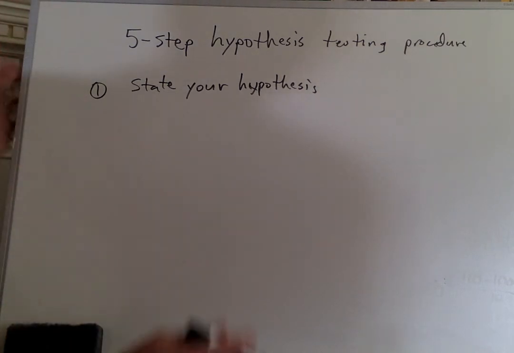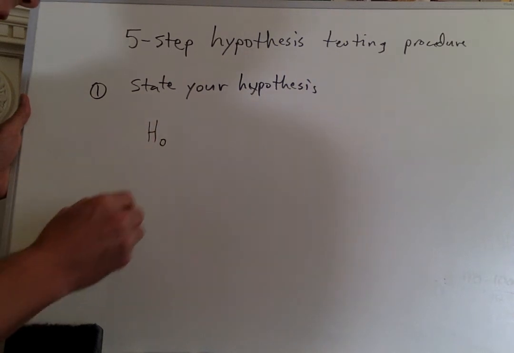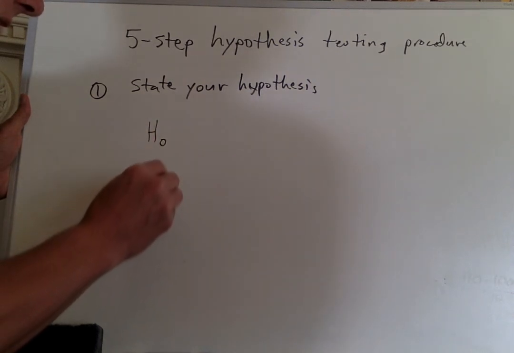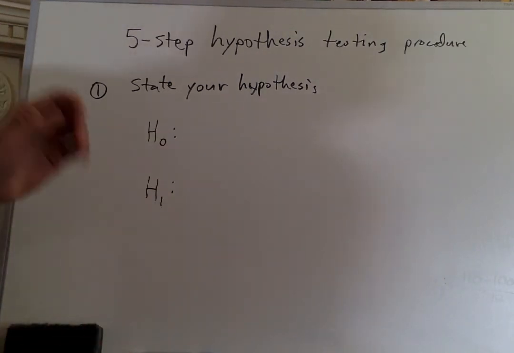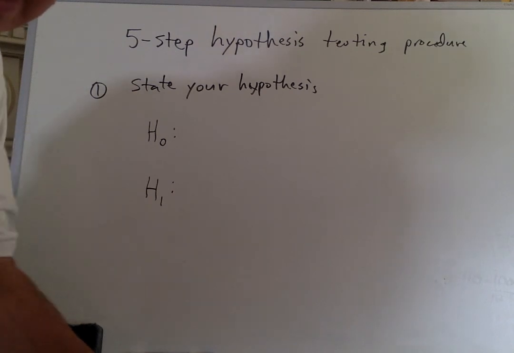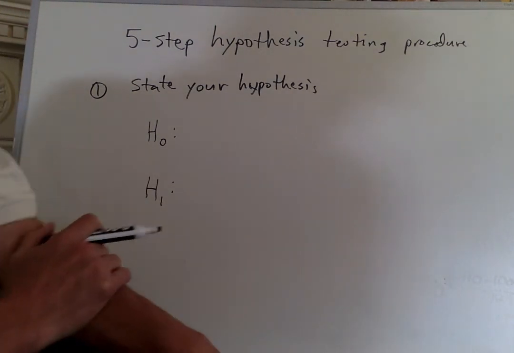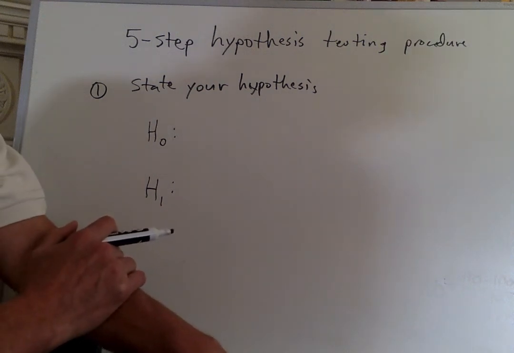So the two hypotheses, let's call this H sub 0, and we'll call this H sub 1. Now, some books will call it H sub 1 and H sub 2. Some books will call it H sub A and H sub B. We're going to go with H sub 0 and H sub 1, okay?